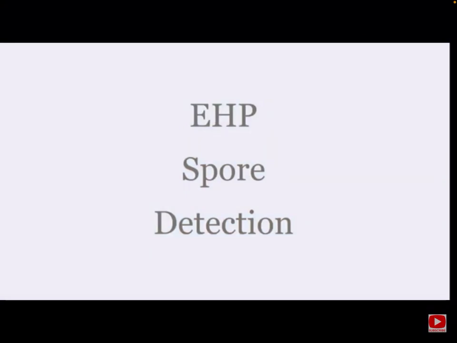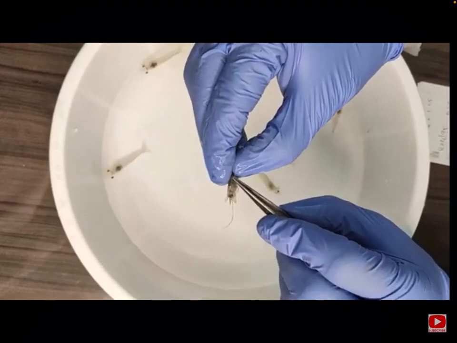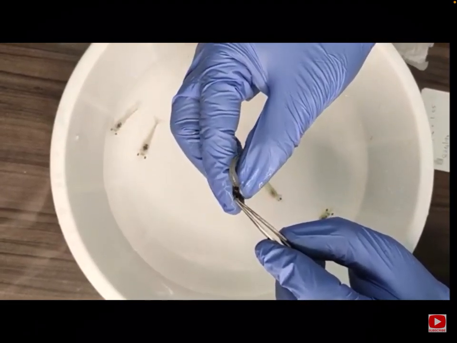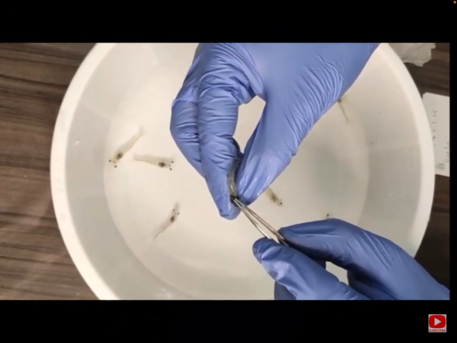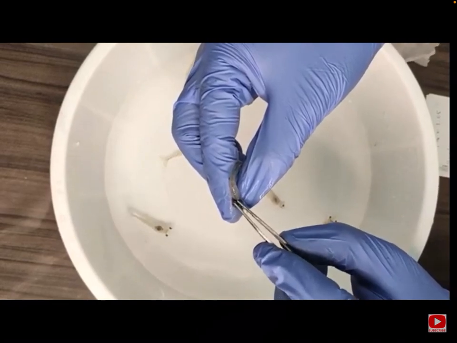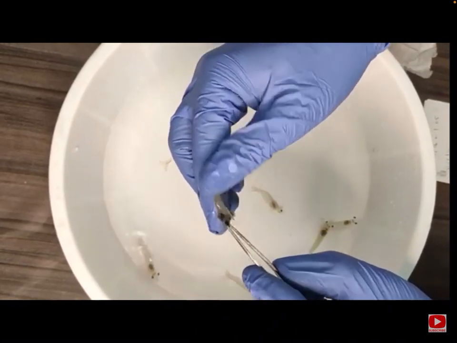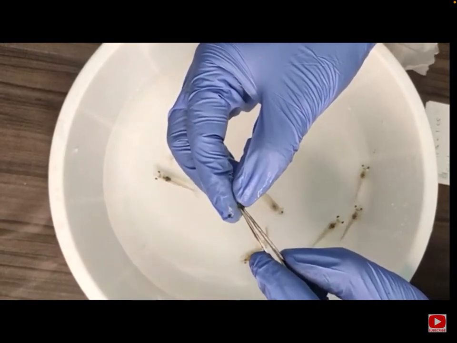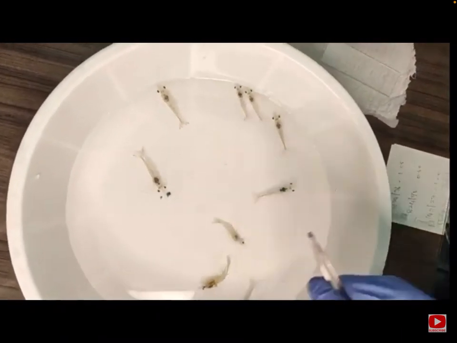Select the small shrimps from the suspected pond. Remove the carapace and expose the hepatopancreas. Take a small piece of hepatopancreas with the help of forceps. A small piece is enough. Place it on a glass slide.